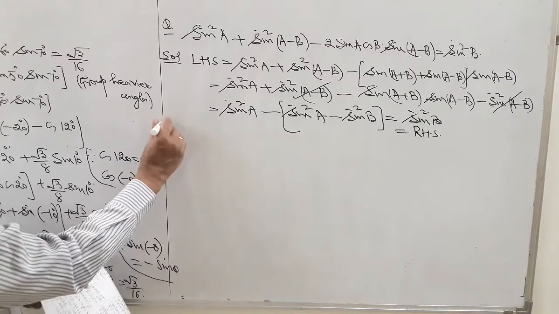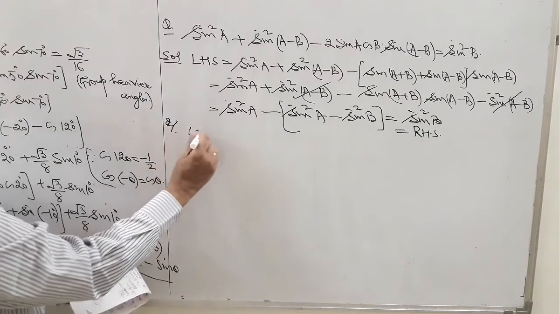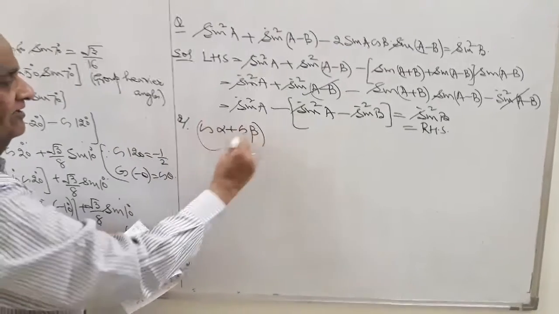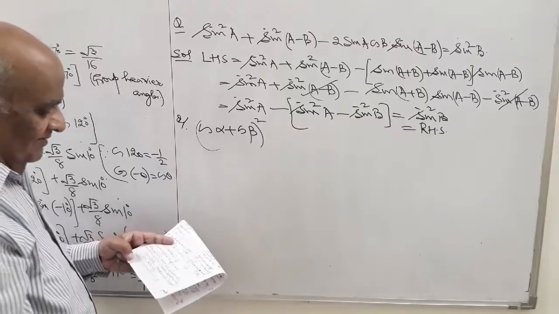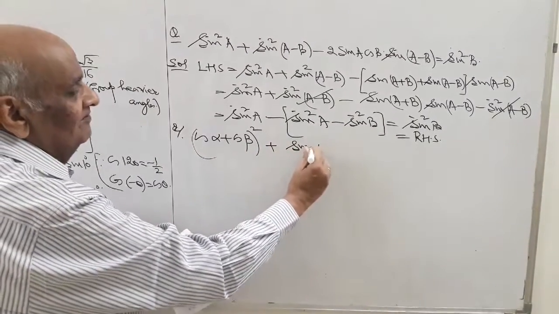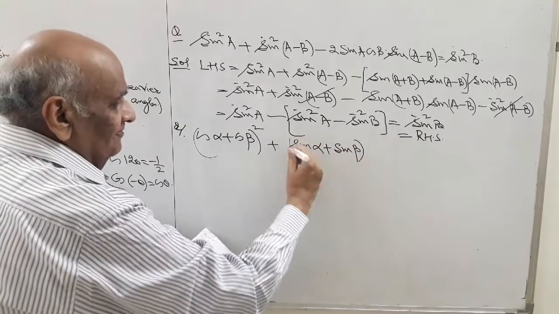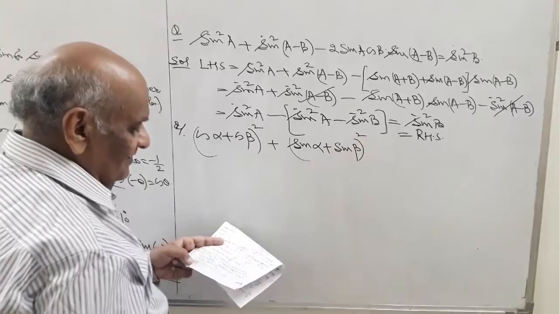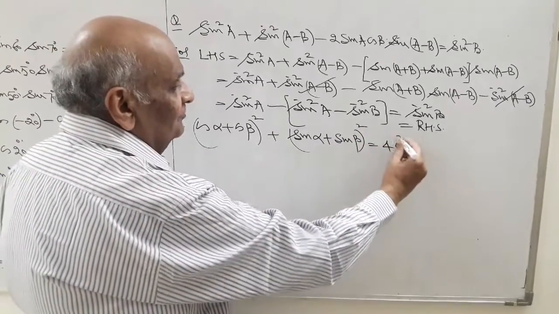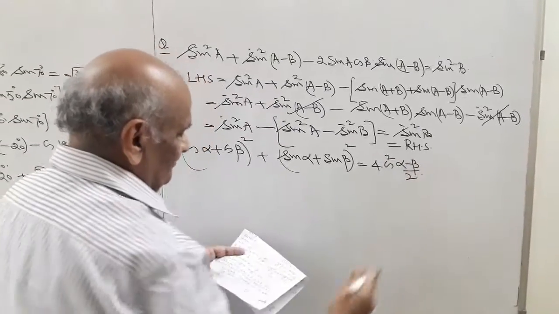Say one more. The question is cos alpha plus cos beta the whole square plus sin alpha plus sin beta the whole square. This is equal to 4 cos square alpha minus beta by 2.